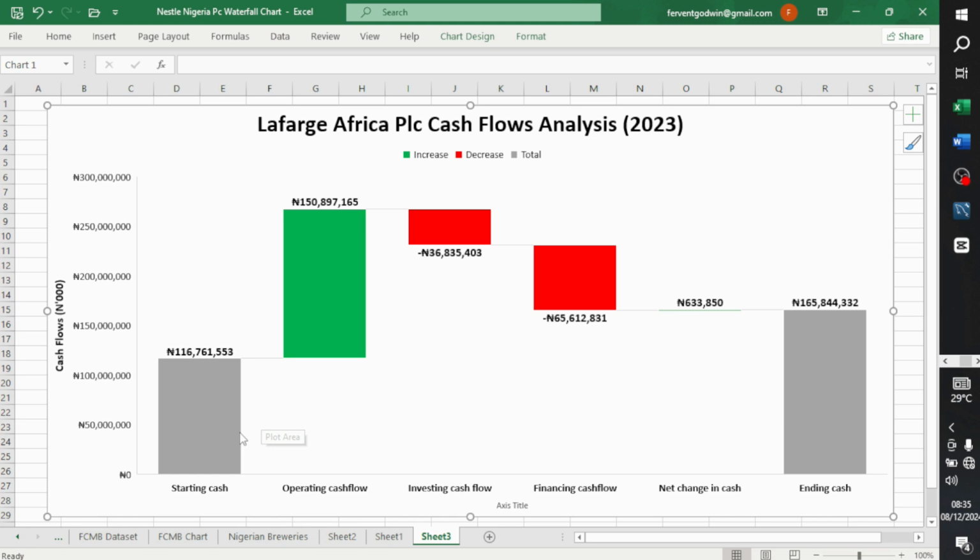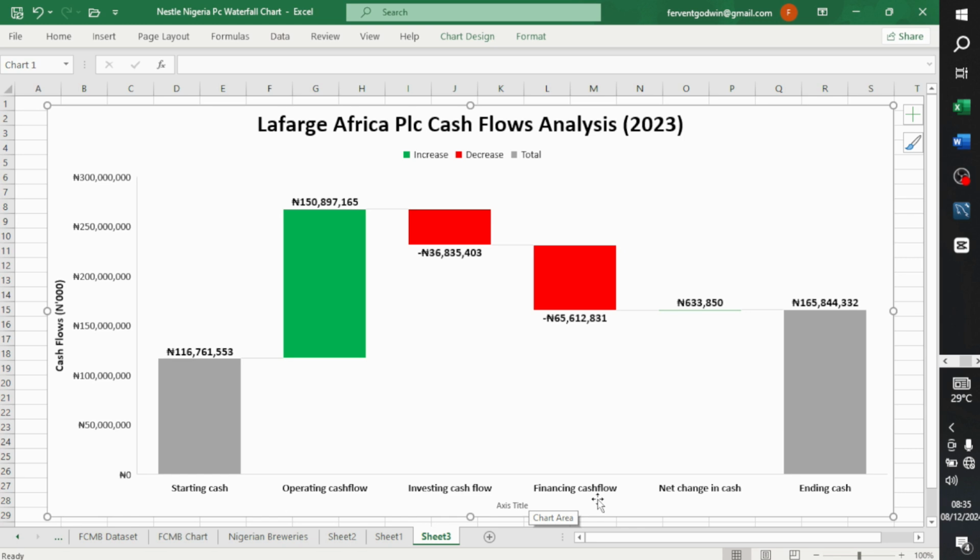The three main categories are the operating cash flows, the investing cash flows, and the financing cash flows. Then we have another thing called net change in cash, which is accounting for the effect of the fluctuation in the currency over the period.